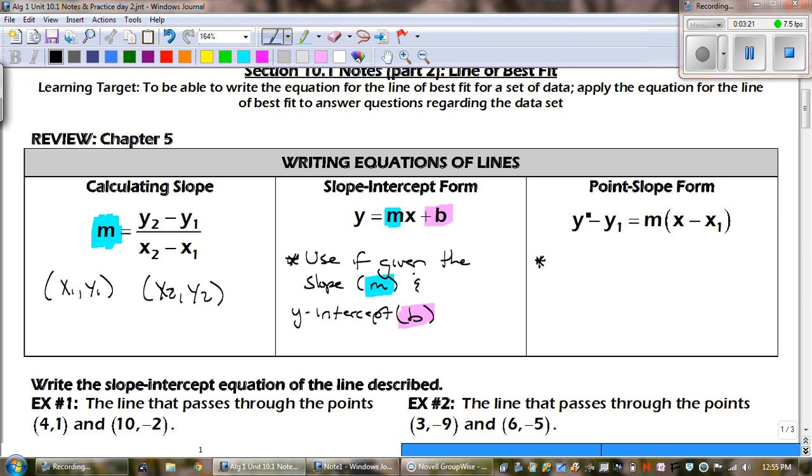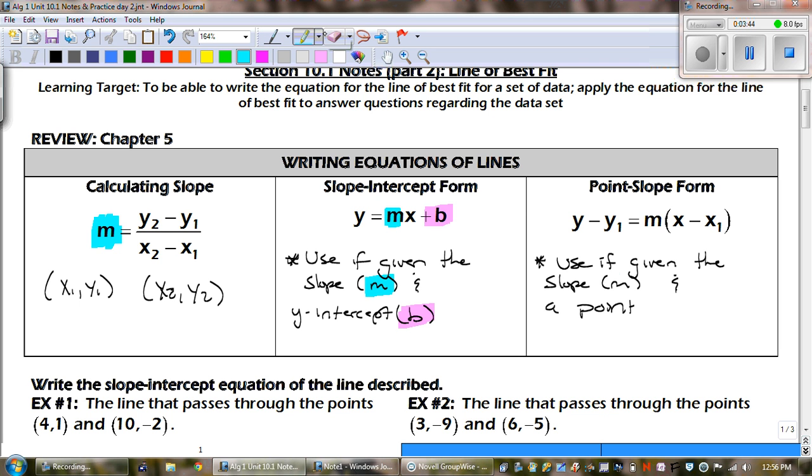For point-slope, we're going to use it if we're given the slope, once again m, and a point.